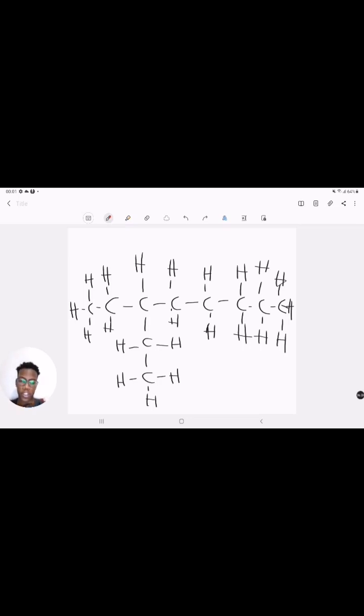See here, I've got 1, 2, 3, 4, 5, 6, 7, 8, a chain of 8 carbon atoms, right? Now here, what about this one? 1, 2, 3, 4, 5, 6, 7, 8. I've also got a chain of 8 carbon atoms.